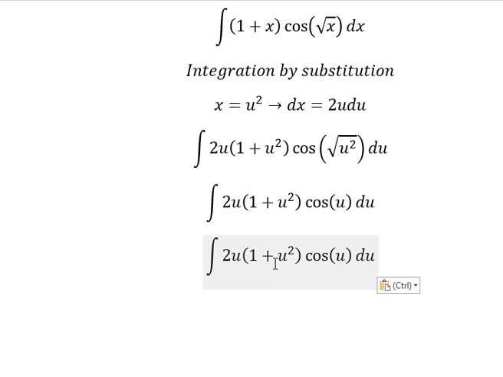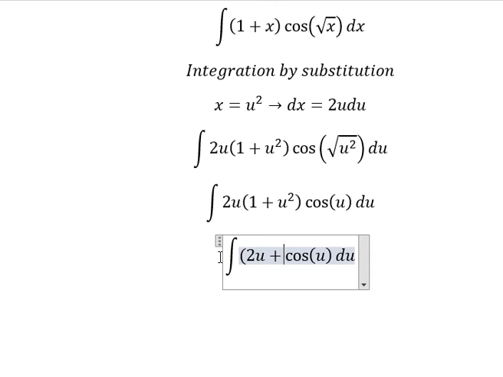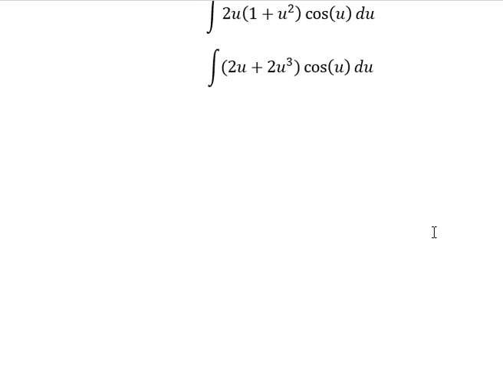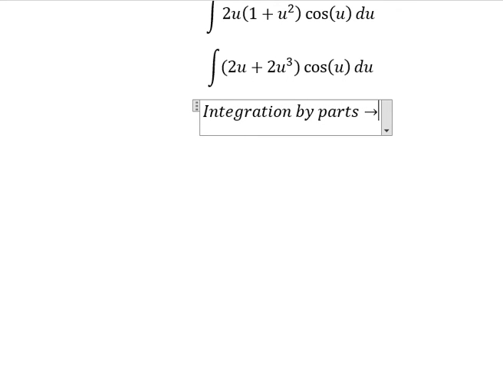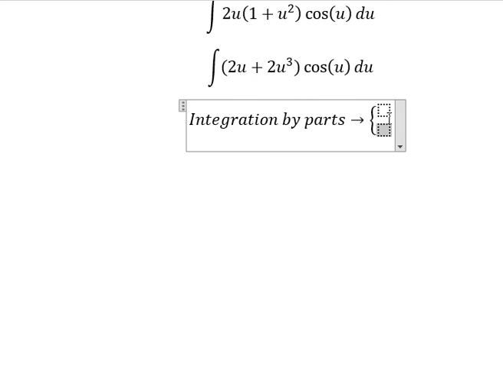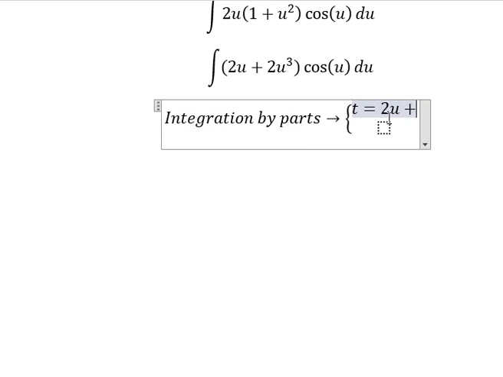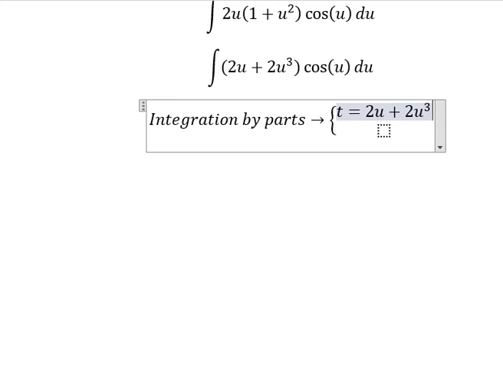2u multiplied by 1 and u square, you will got 2u plus 2u to the power of 3. Next, we need to use integration by parts. So we will got t equal to 2u plus 2u to the power of 3.